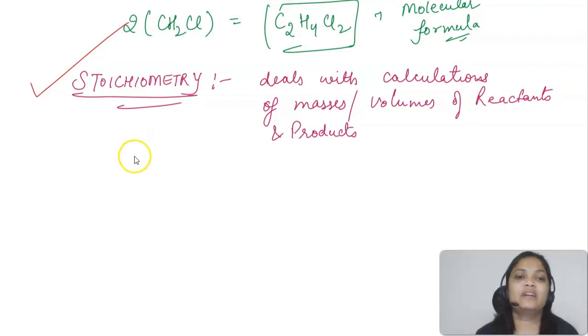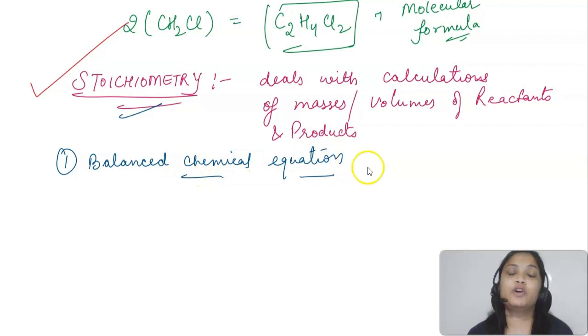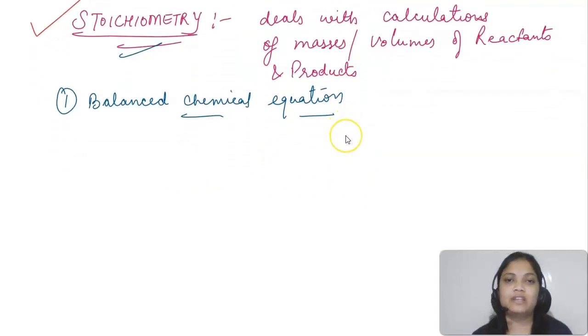So let's say I'm having an equation. The very first thing is, when you are talking about stoichiometry, the equation must be a balanced chemical equation. Because if the equation is not balanced, we will not know about the reaction, everything. We will not be able to do it properly.